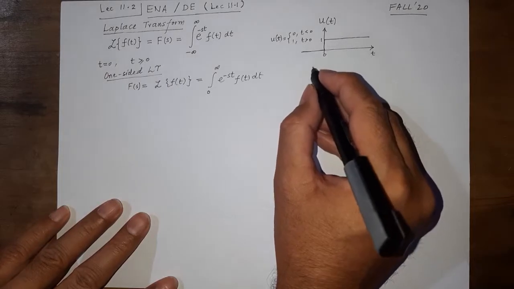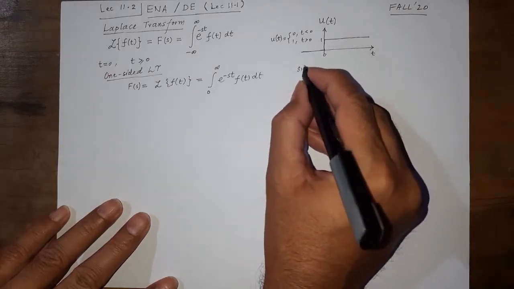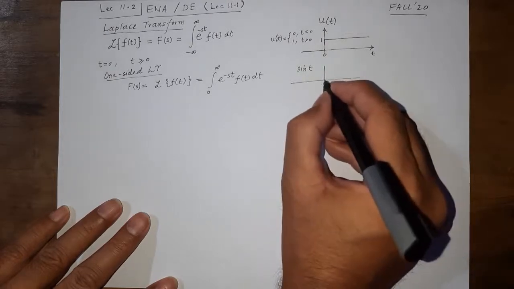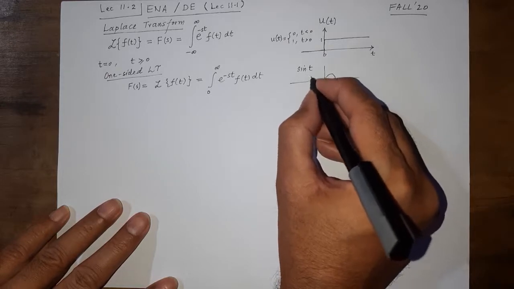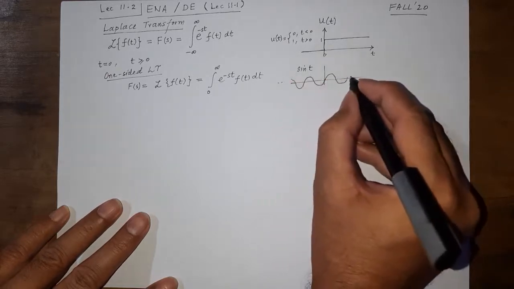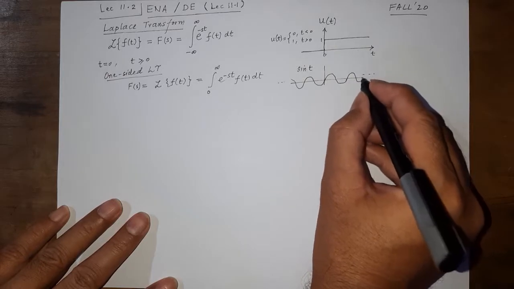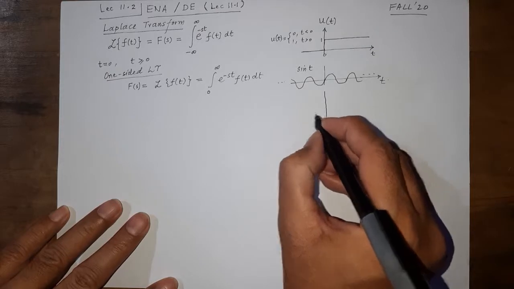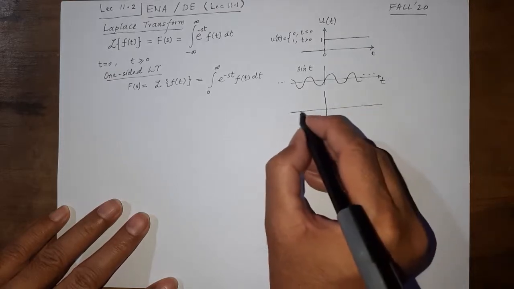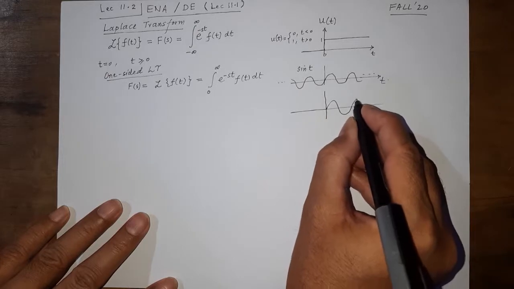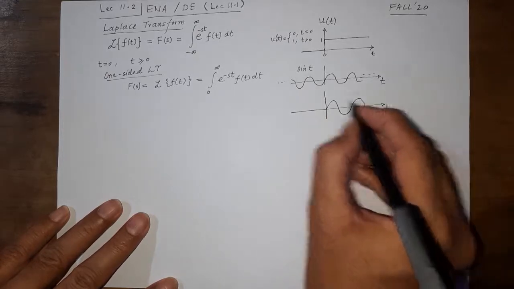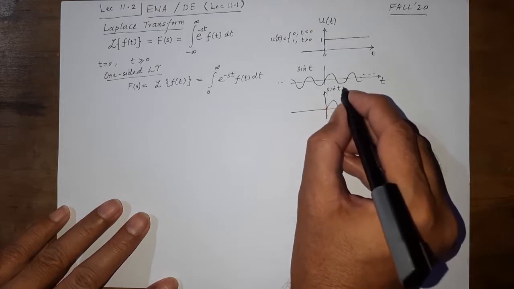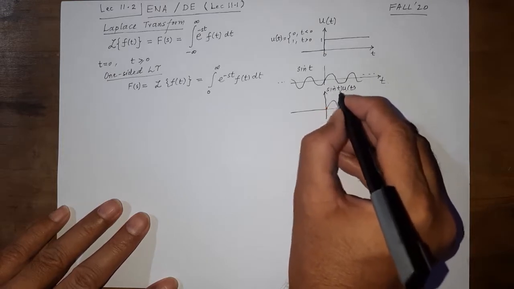If we have any function like sine of t, then we know that sine t is an eternal function. It starts from minus infinity and goes on forever. But if this function gets multiplied by u(t), we are going to get 0 here and then the sinusoid, and we write this as sine t u(t).